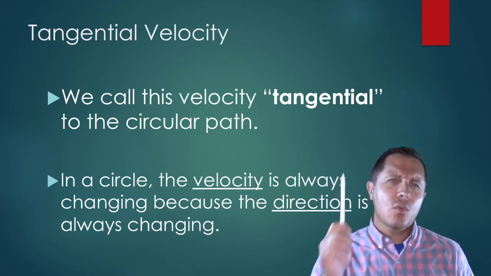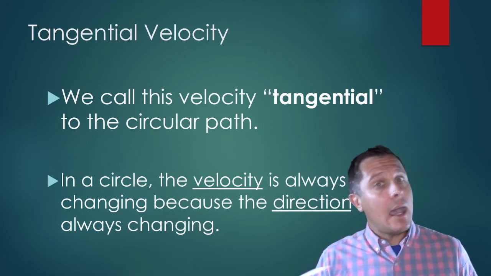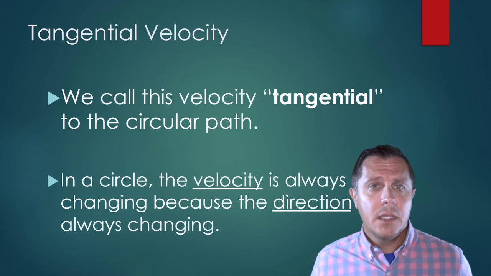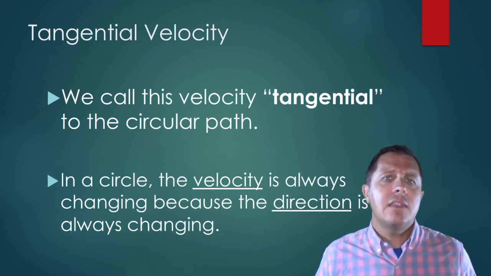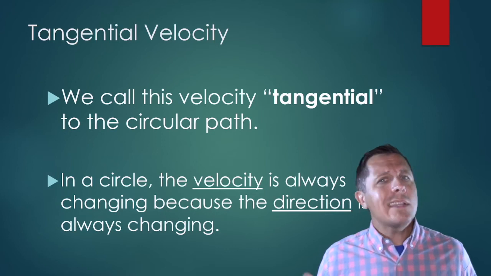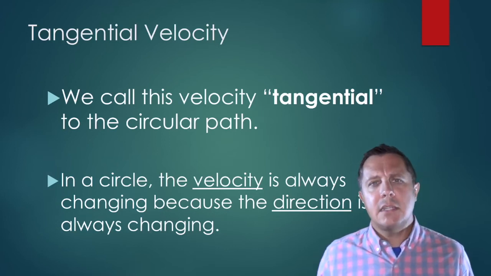If our direction is constantly changing, we have a constantly changing velocity. And what do we call something with a constantly changing velocity, or anything that has a changing velocity? What's the A word we use when something has a changing velocity over time?